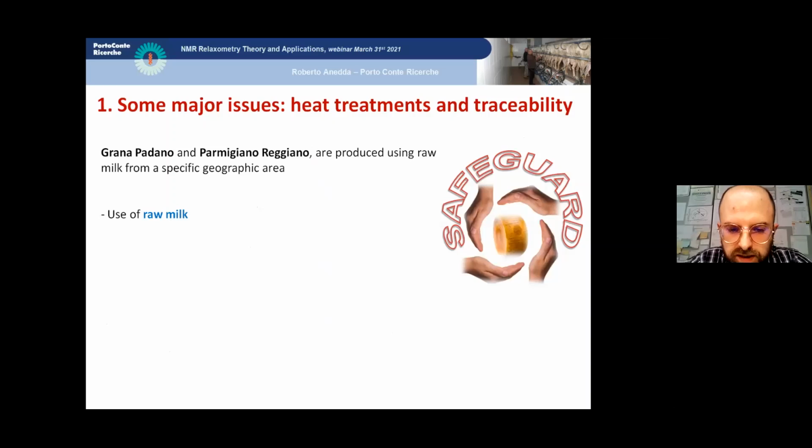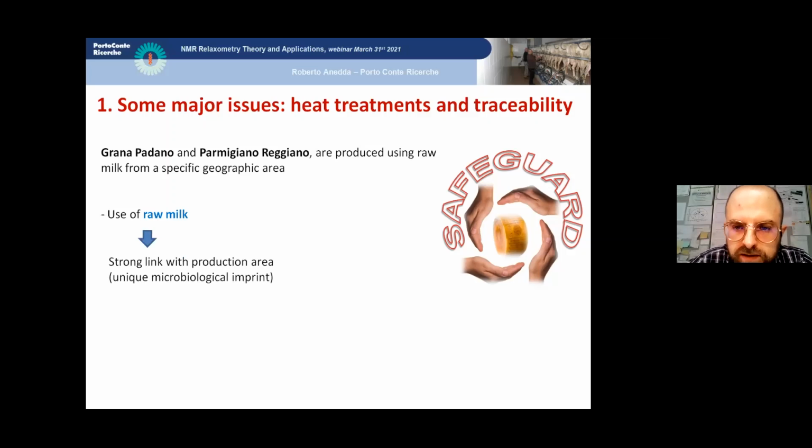The most relevant Italian cheese products, also considering the exported volume, are Parmigiano Reggiano and Grana Padano. They are both produced using raw milk from a specified region of Italy. Still, artisanal tools are used to produce these cheeses, and manufacture is rooted to traditional cheese-making process. There is a strong link between the territory, the terroir, as the French people would say, of production and the quality of the dairy products.